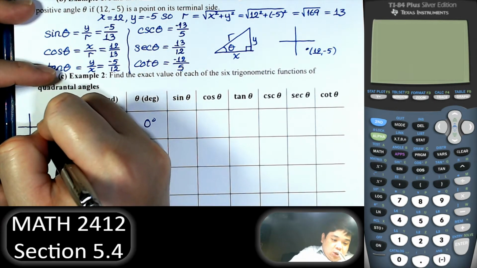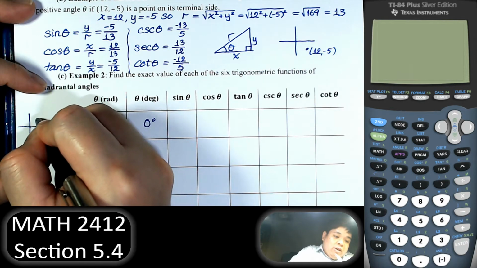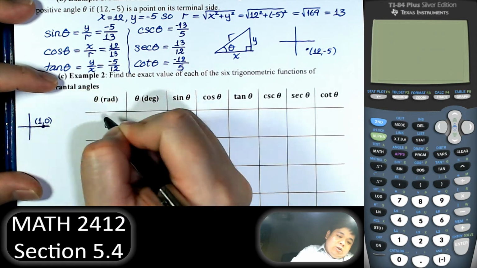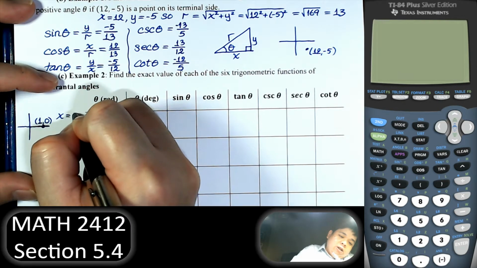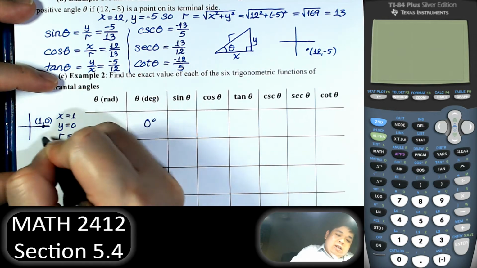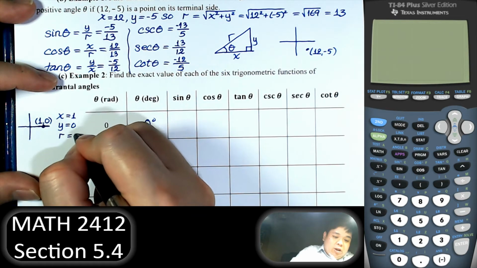We can choose any x value, but the y value is equal to 0. So for simplicity, choose x to be 1 and y to be 0. So x equal to 1, y equal to 0, and r, the distance from the origin to that point, is 1.